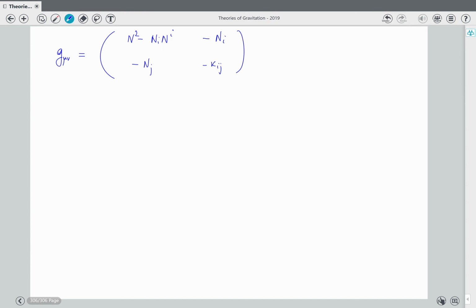This is the parameterization that is commonly used for the metric. If you want, you can just start from this result, you call this block κ_{ij}, you call that entry N_i, and then you call this N, you define that N to have g_{00} of this form.